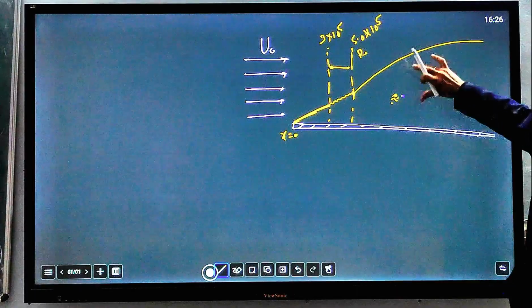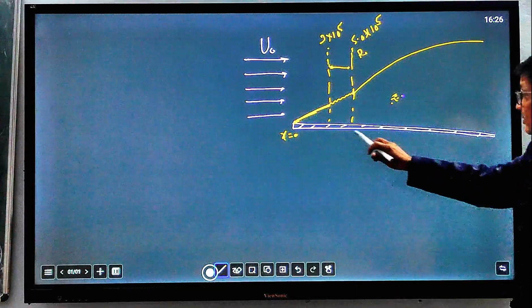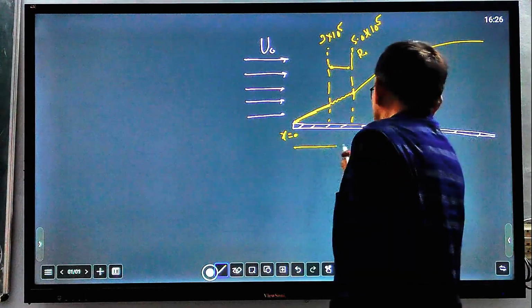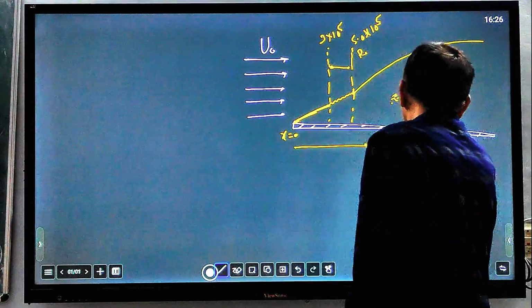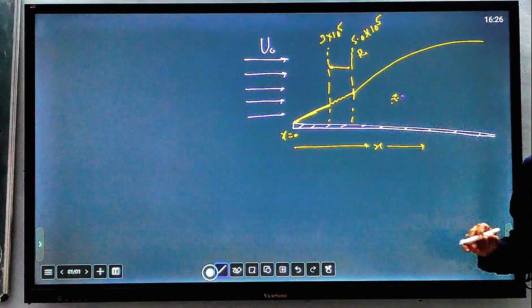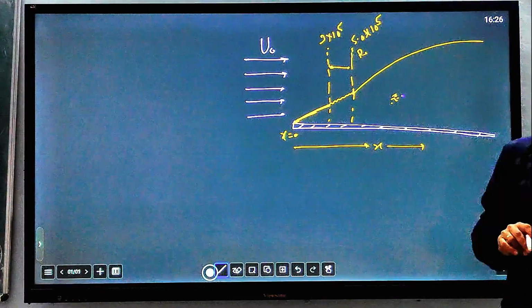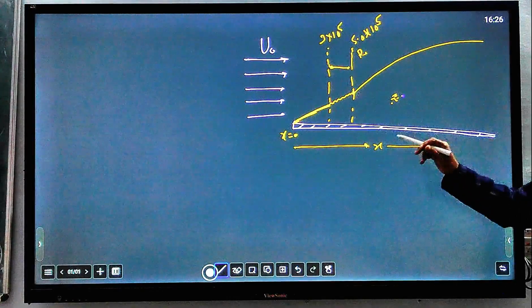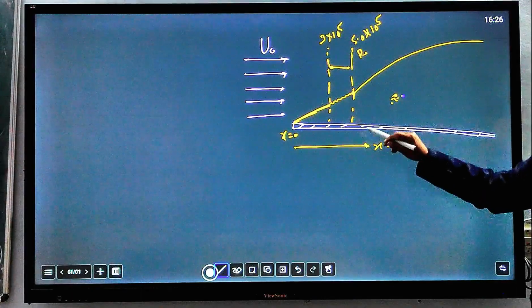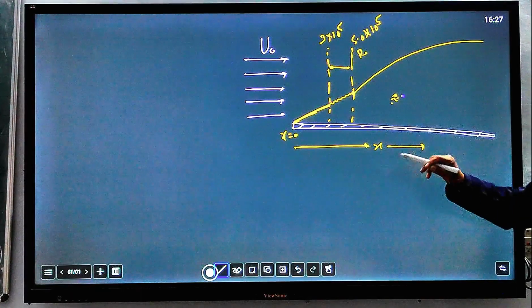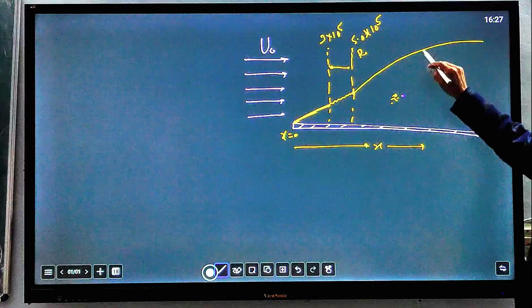So the boundary layer thickness increases along the direction of x, because turbulence also causes more dissipation. Velocities will be affected, and the velocity is slowing down up to this point.